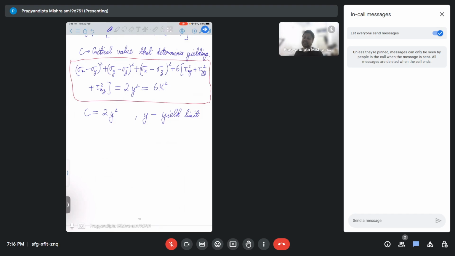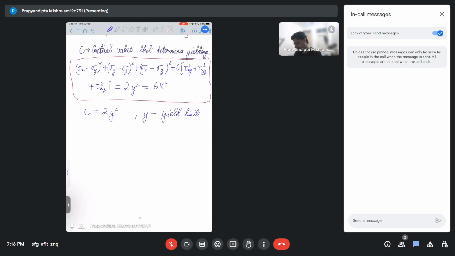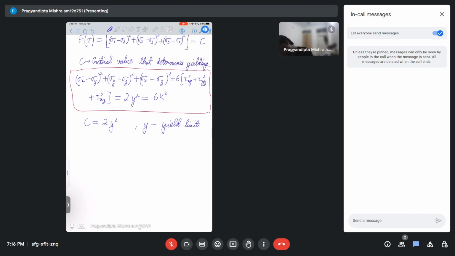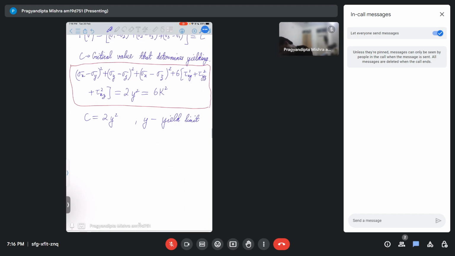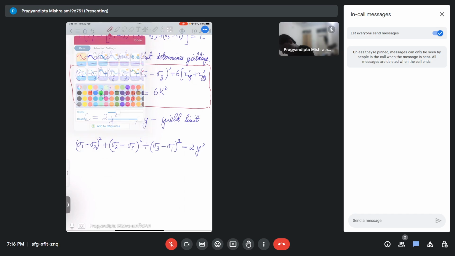You can write this criteria in terms of principal stresses also. Sigma 1 minus sigma 2 square plus sigma 2 minus sigma 3 square plus sigma 3 minus sigma 1 whole square is equal to 2Y square. Same, exact same relation.